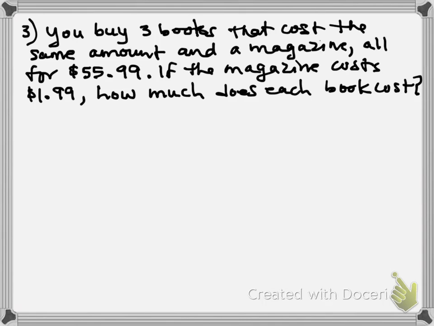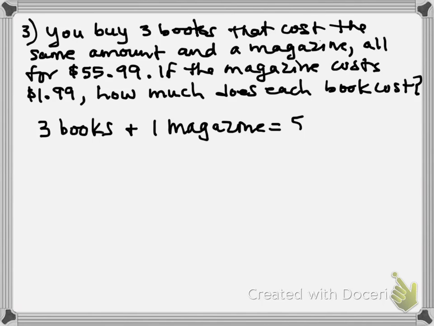So let's start and just think about, in words, what are we buying? Okay, let's be specific. We get 3 books and 1 magazine, and what do we know that they all equal? So if I write it out in words, that's basically, logically, what my equation's going to be. Now what I have to do is go back and find out some information. Okay?